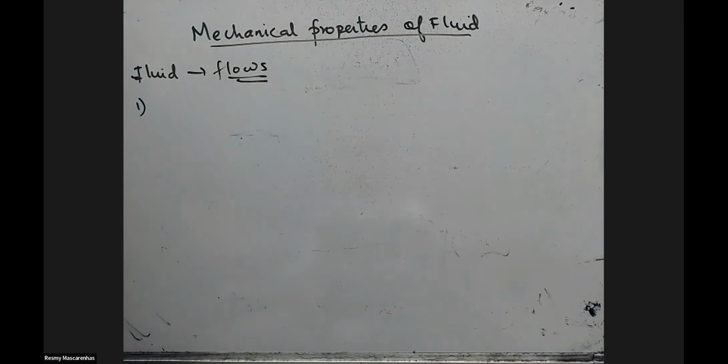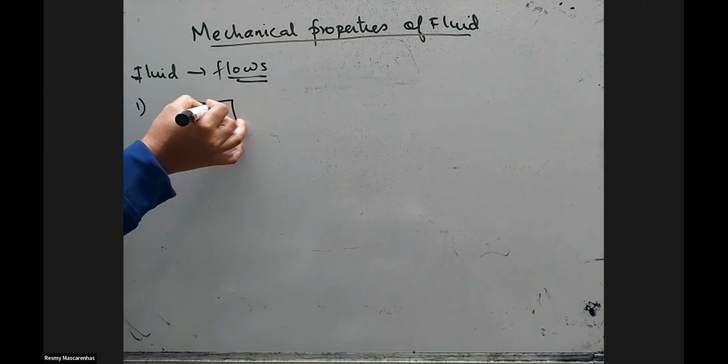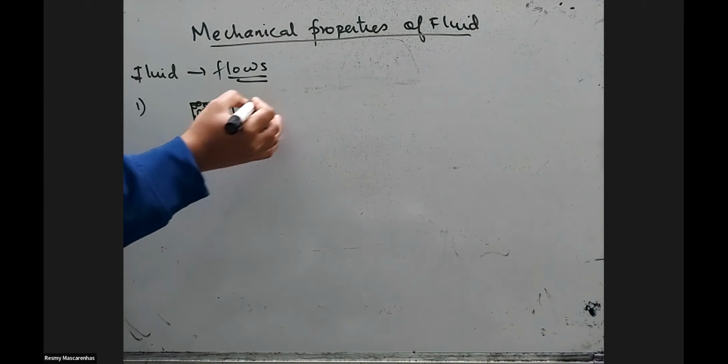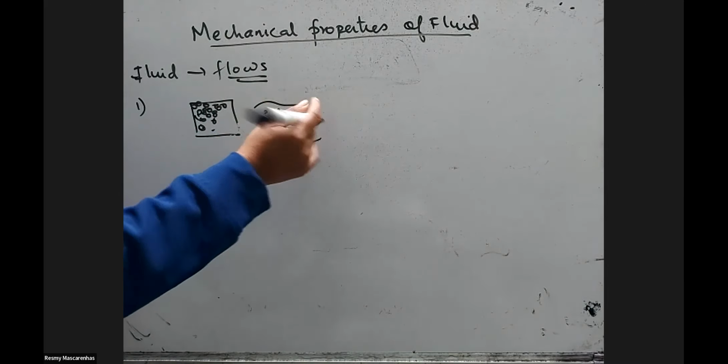Now the first property they are trying to say is that the atoms or molecules in a fluid are arranged in a random manner. The difference between solids and fluids is that in solids they are all tightly packed. But for a liquid, the atoms are a little bit more free.